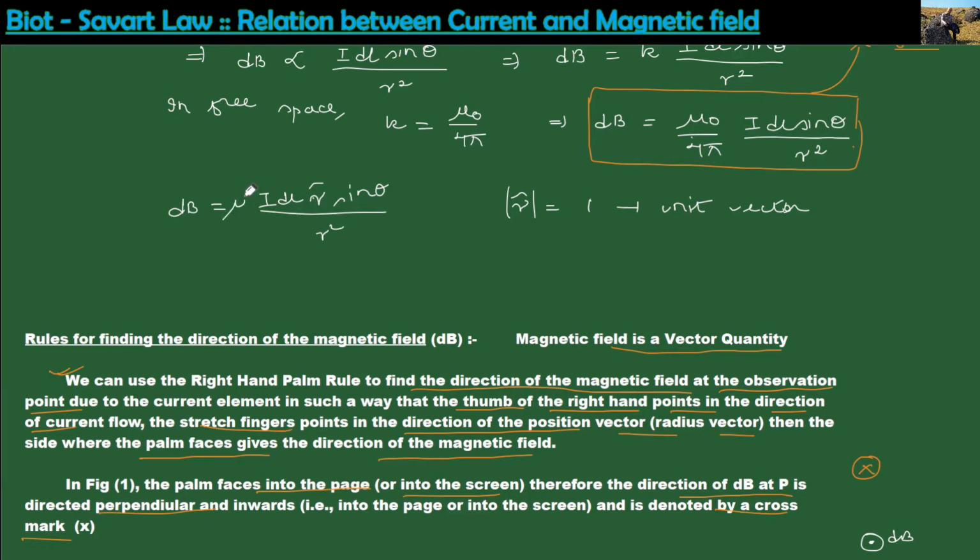You have that quantity of mu naught by 4 pi, and then from here you have I dl.